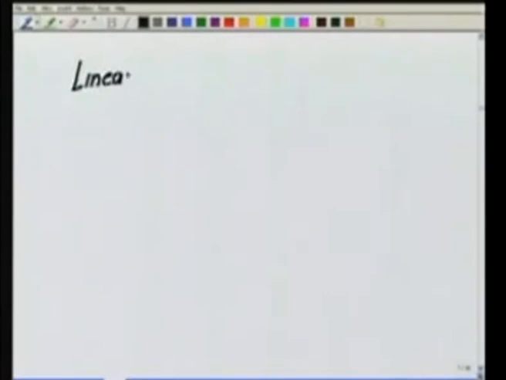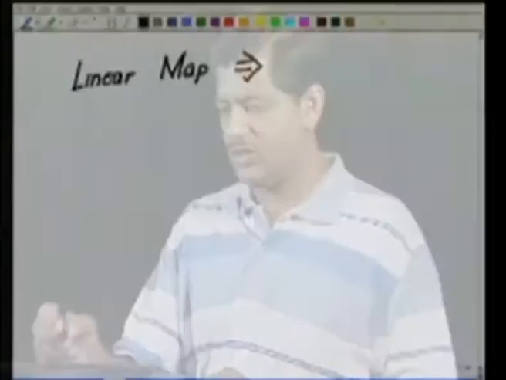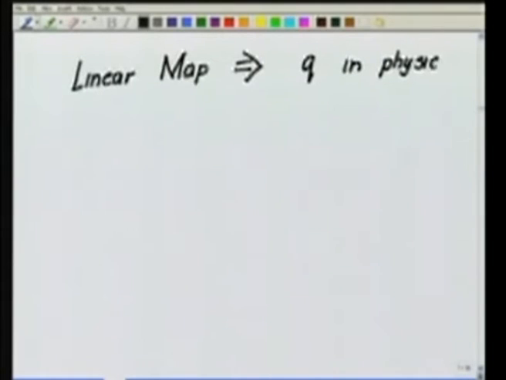Okay. Now, since this is a linear map, it also implies that a polynomial of order q in the physical element remains a polynomial of order q in the master element, because the mapping is linear. Remember that it's a linear map, that's why this is true.